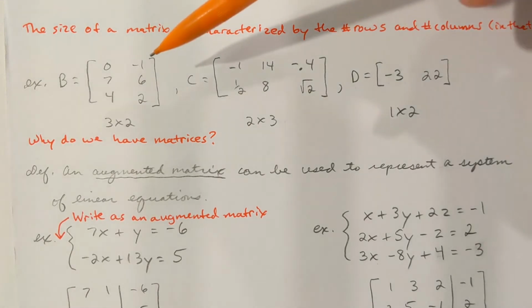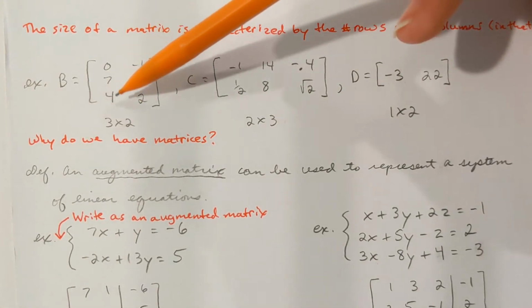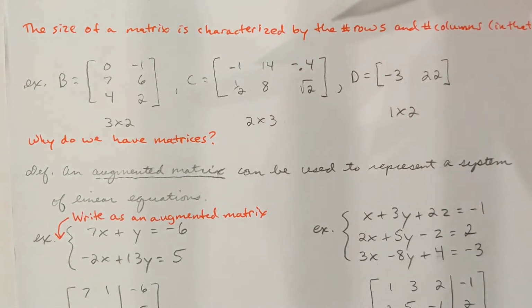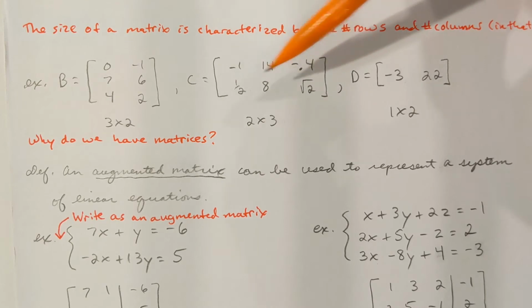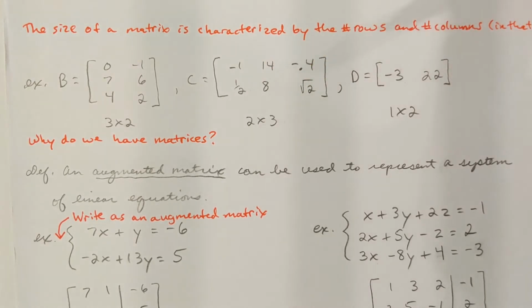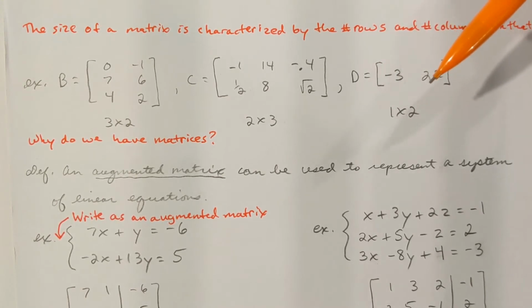Matrix B is a 3 by 2 matrix because there are 3 rows and 2 columns. Matrix C would be a 2 by 3 matrix because there's 2 rows and 3 columns. Matrix D would be a 1 by 2 matrix because there's only 1 row and 2 columns.